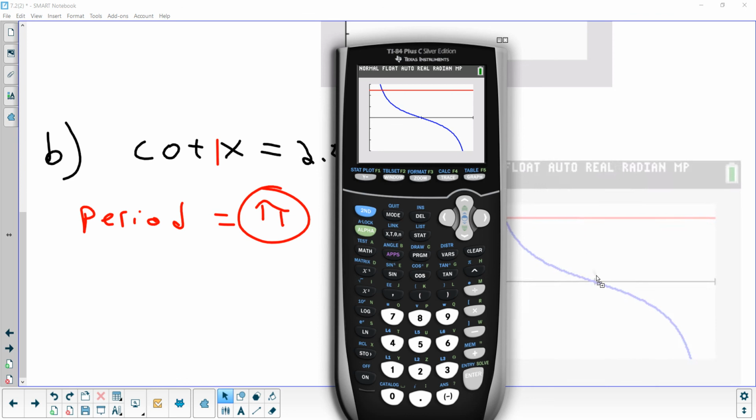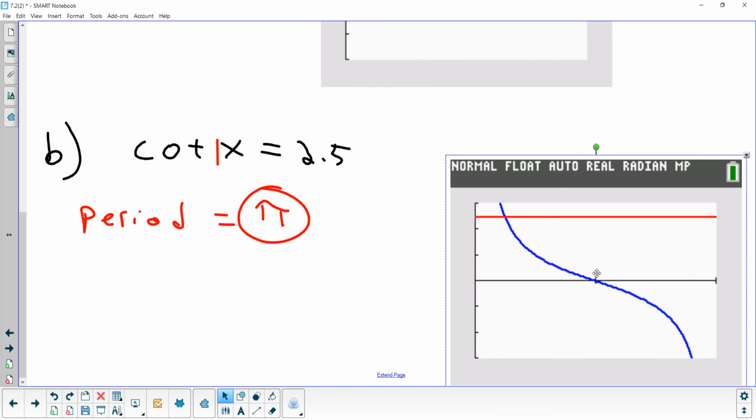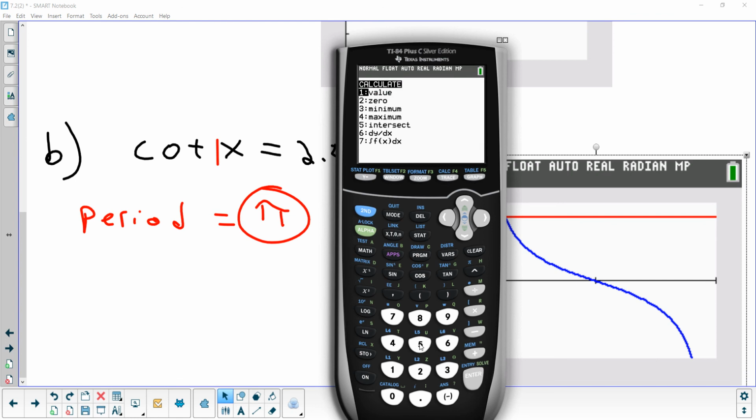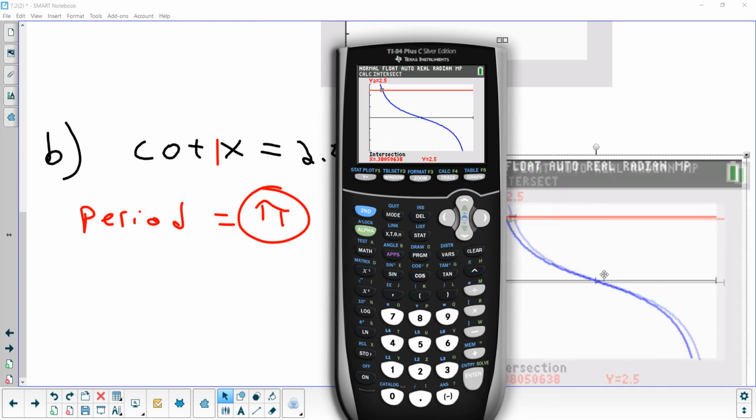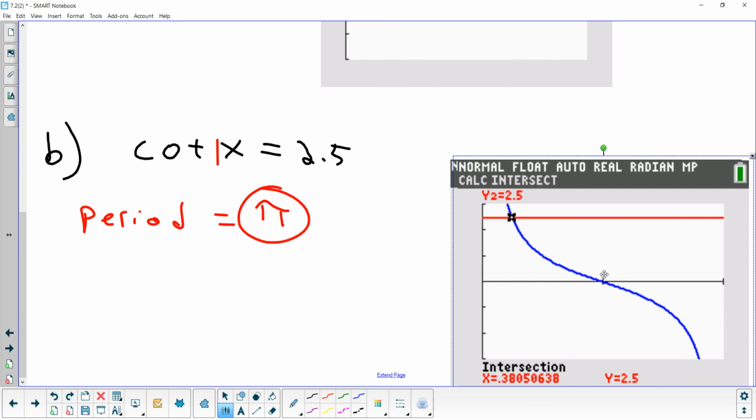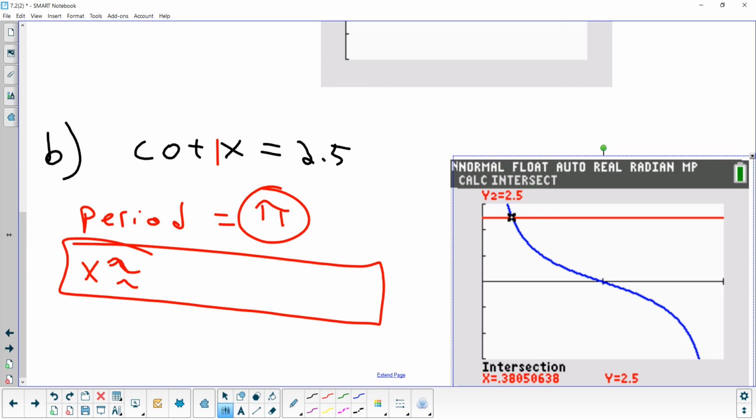How many answers per cycle here? Yep, just 1. So second calc, intersect, you should just be able to hit it 3 times. You should just find it. Perfect. Can someone tell me how I'm going to write that answer?